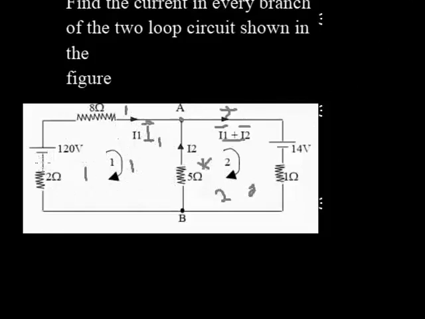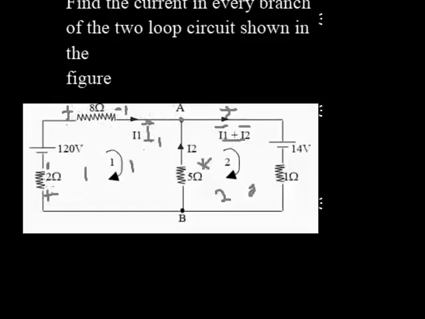For the resistor 2 ohm, this side is connected to the negative of the source, so this side of the resistor has its negative sign, while the other side is positive. For this resistor 8 ohm, this side is connected to positive, and this side is connected to negative.